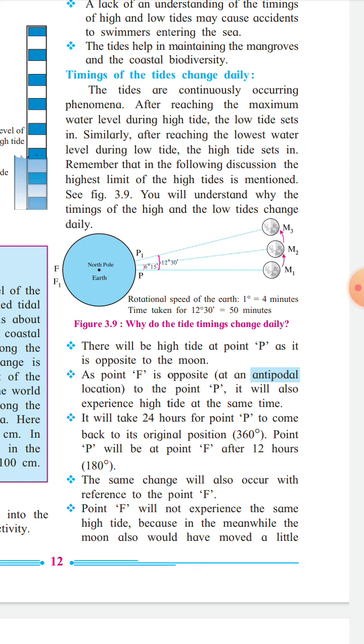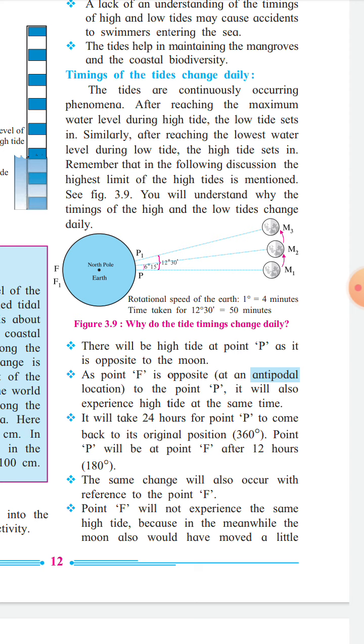See figure 3.9, you will understand why the timings of the high and the low tides change daily. The rotational speed of the earth is 1 degree in 4 minutes.